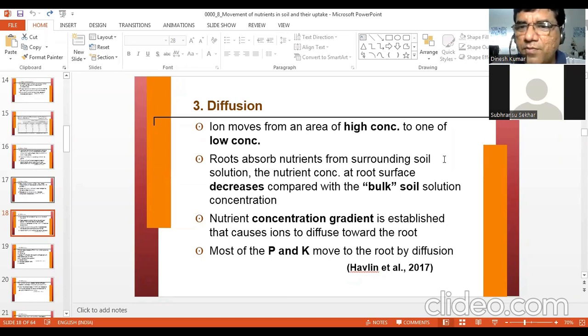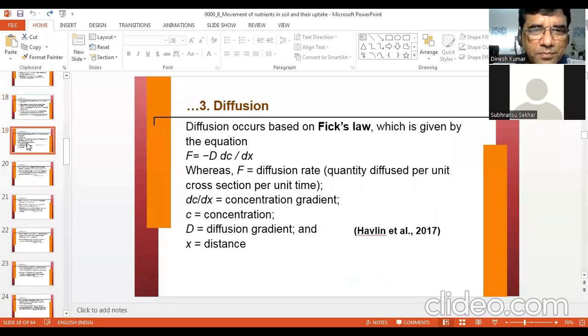Roots absorb nutrients from surrounding soil, so nearby nutrients are removed and lower concentration will be there. And in solution or in bulk soil, you have higher concentration. So ions will move with the concentration gradient, and most of the phosphorus and potassium move to root by diffusion, and nitrogen by mass flow.